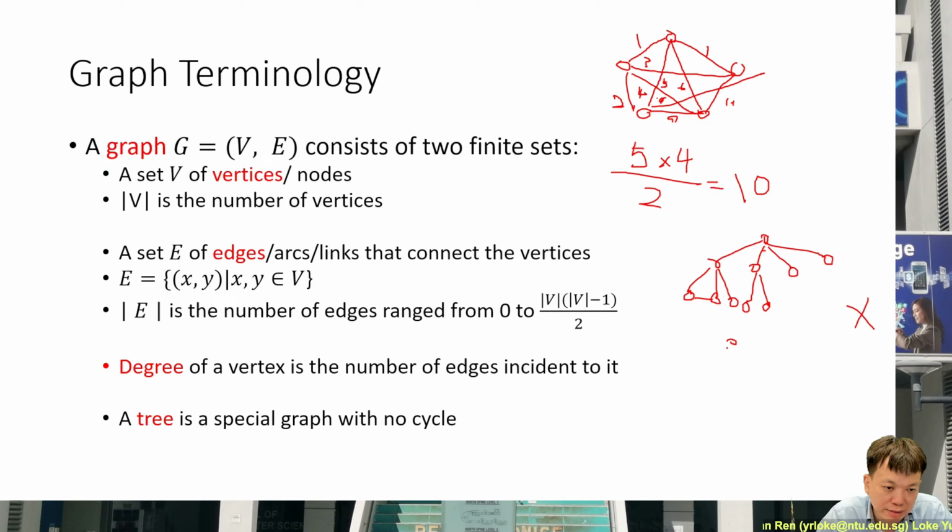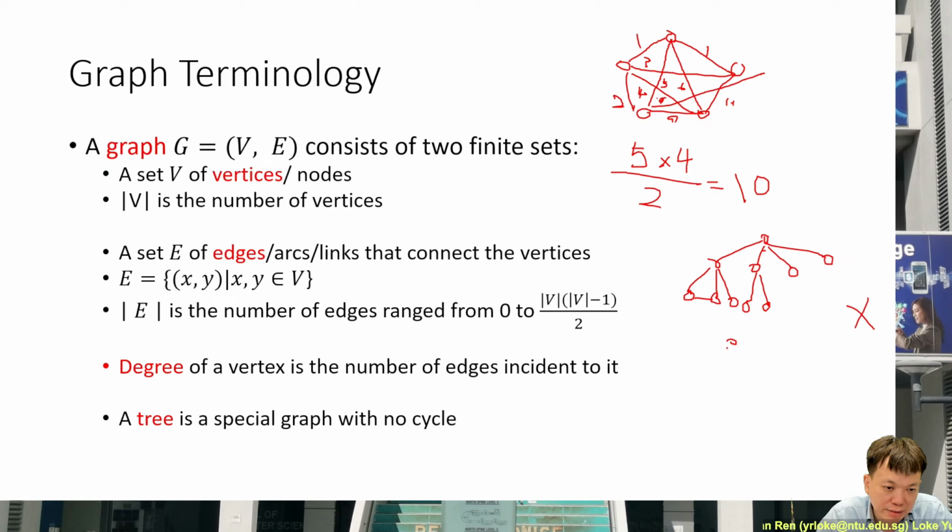In such a situation, you can only say Y is adjacent to source X, but you cannot say X is adjacent to Y for a directed graph.